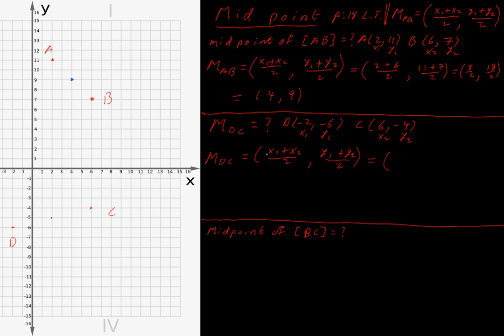So we put in x1 plus x2, so -2 plus 6 all over 2, comma, this was my x coordinate for my midpoint, and my y coordinate now is going to be -6 plus -4 all over 2.